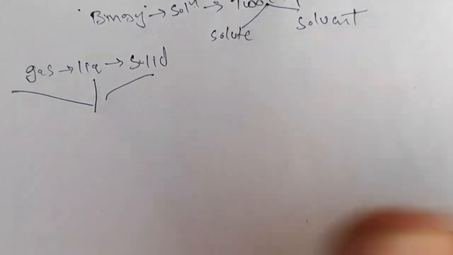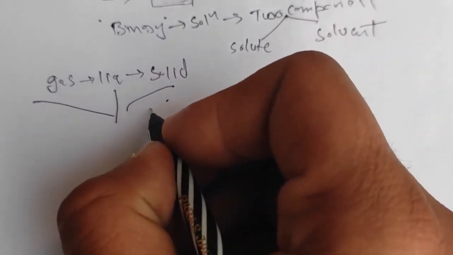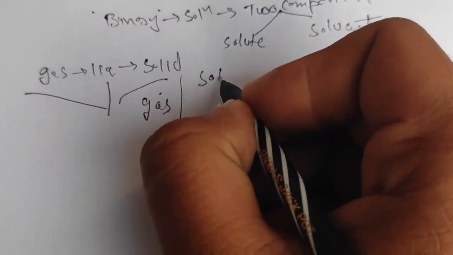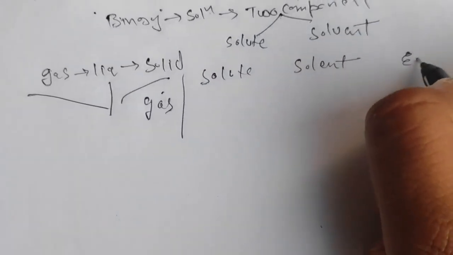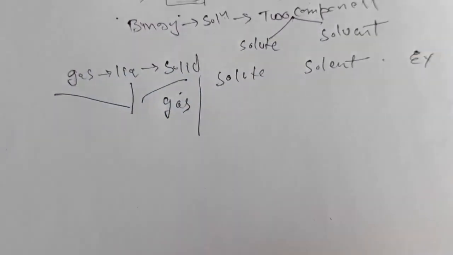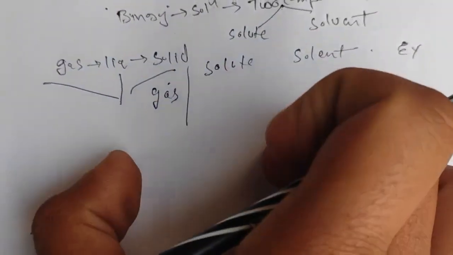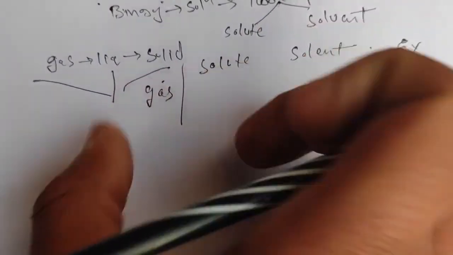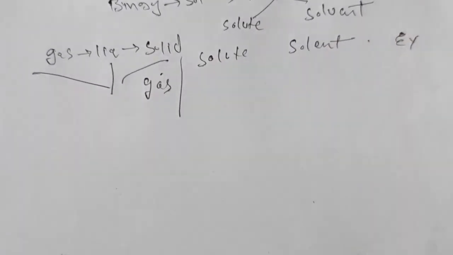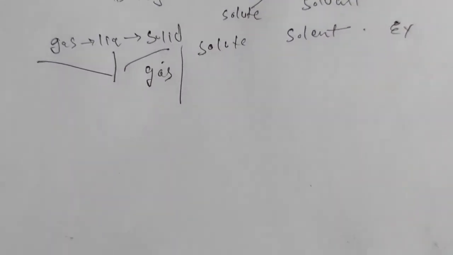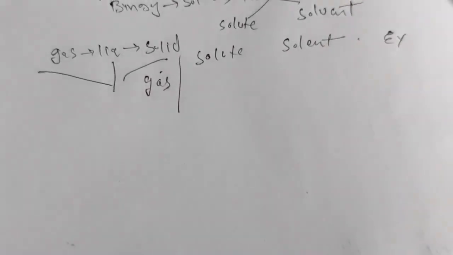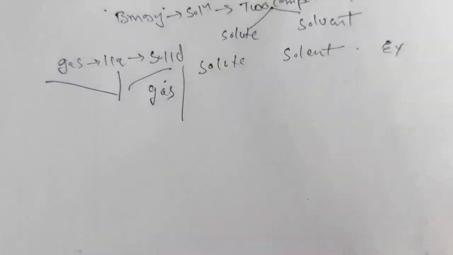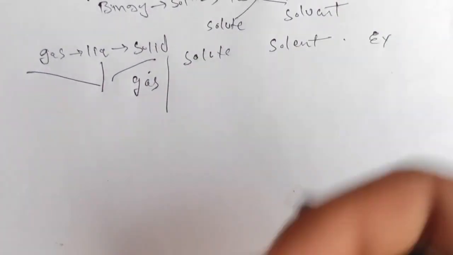First we take our solvent as gas, meaning the large amount part of the component is gas. We fix the gas and vary the solute with the other matters, like gas, liquid, and solid, with respect to gas.